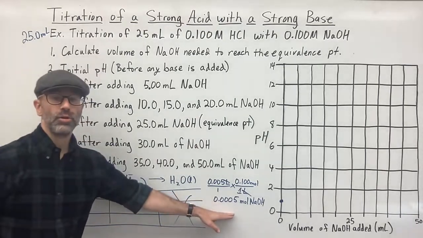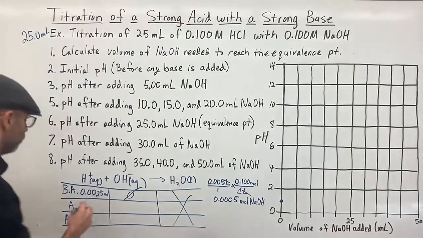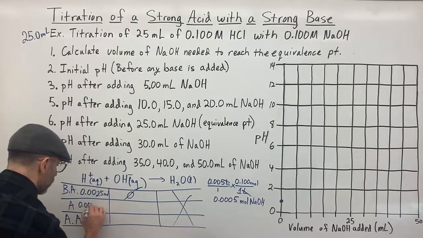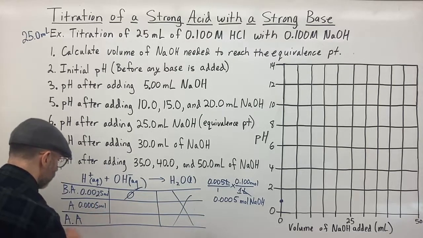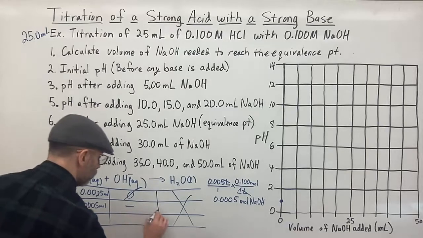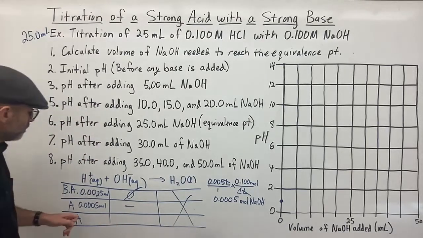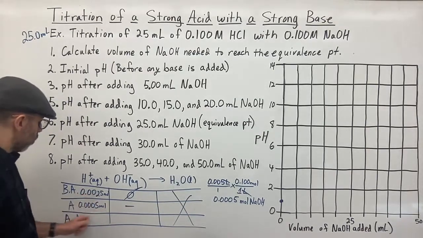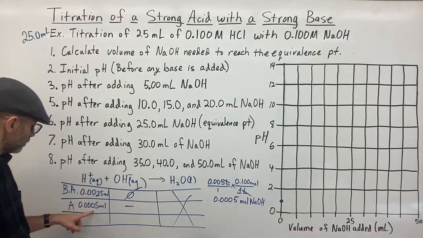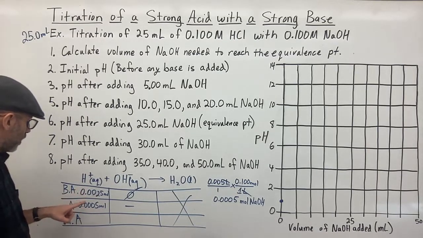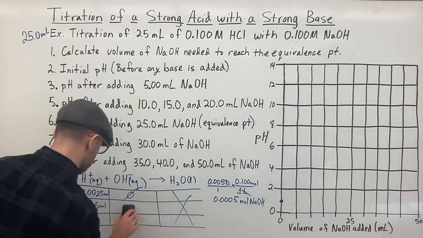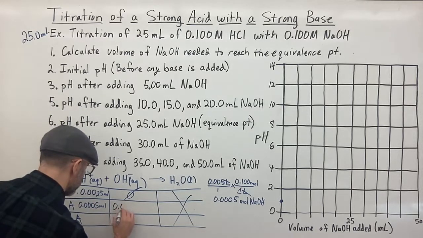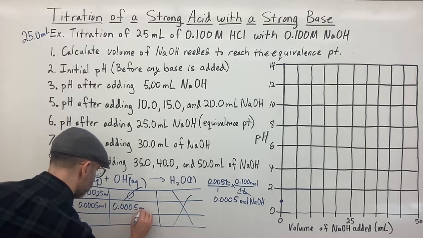So now that we know the moles of our NaOH that we're adding, we can write that here. We're adding 0.0005 moles of the NaOH. So the question is then, what's left? Oops, I wrote this in the wrong place. This should be the amount of OH added, so that's 0.0005 moles.